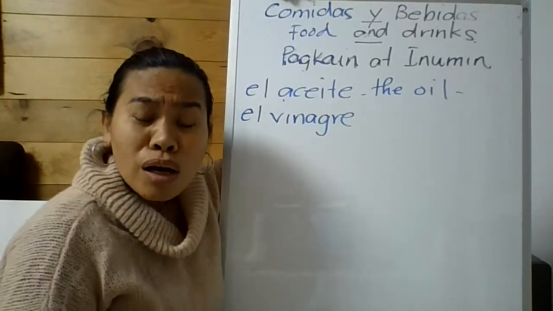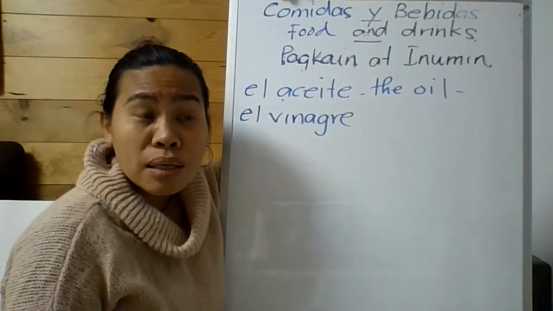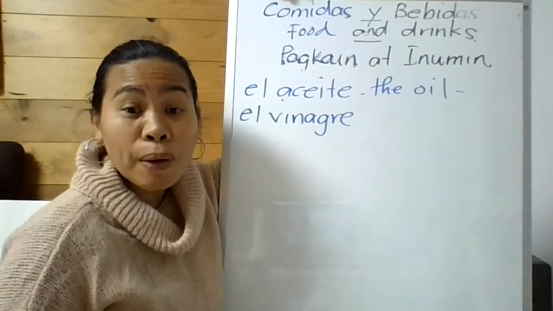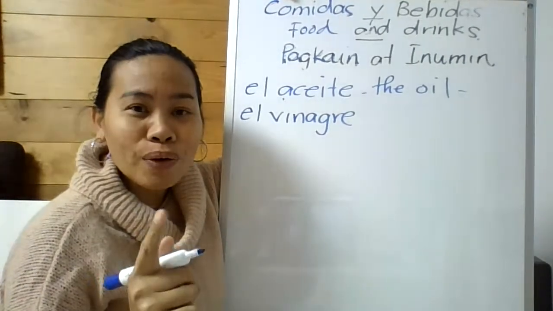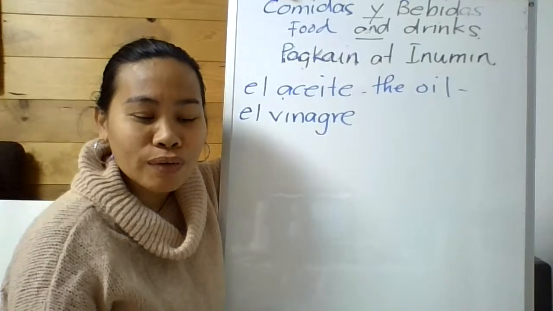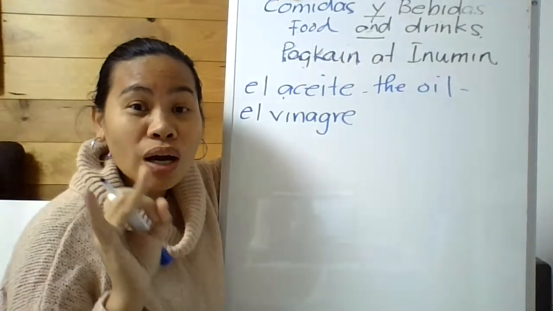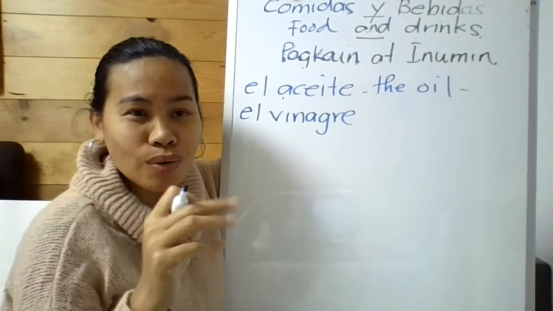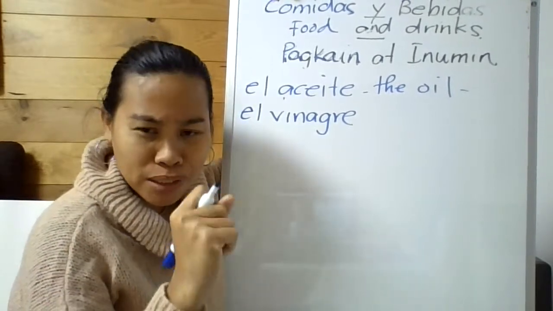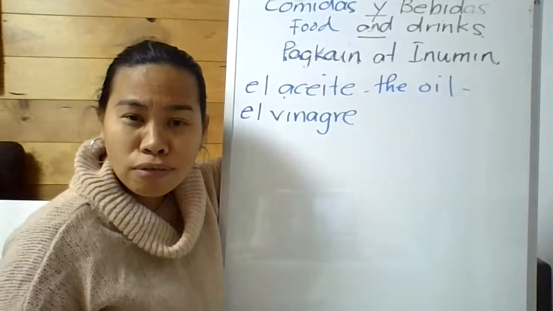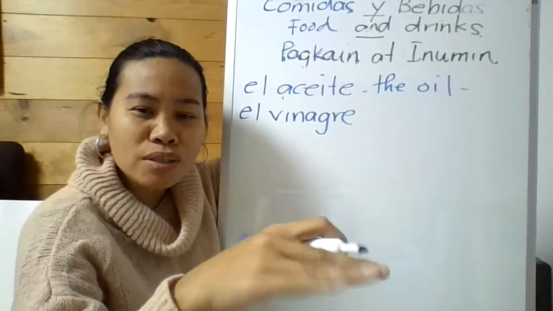Tsaka alam nyo, easy cooking sila dito. As in, pag nag-ihaw, salt and pepper lang. Tayo, minamarinate pa natin yung karne sa toyo, sa suka, kalamansi, o kung ano-ano pa nilalagay natin. Di ba, may sibuyas, may bawang. Sa kanila, hindi. Salt and pepper lang, lagay mo na sa apoy.